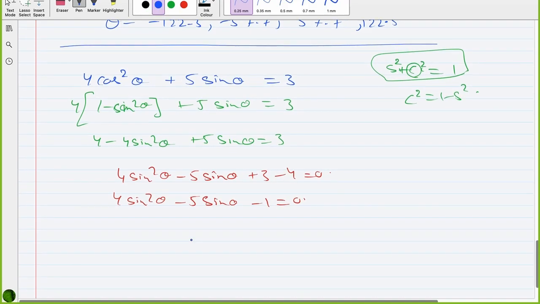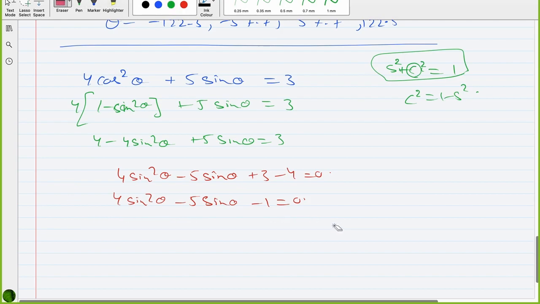Now we have to make factors of 4 into 1 and 5. So this is a quadratic equation. If we can go through middle term breaking, fine, other than that we can use the quadratic formula. 4 into 1, we'll have to go through the quadratic formula.